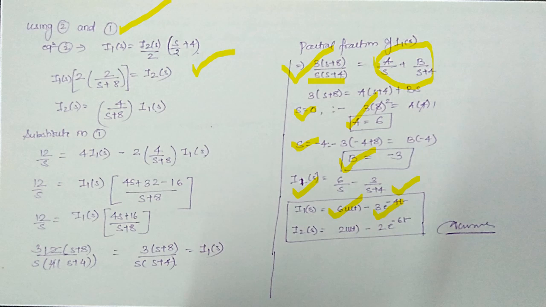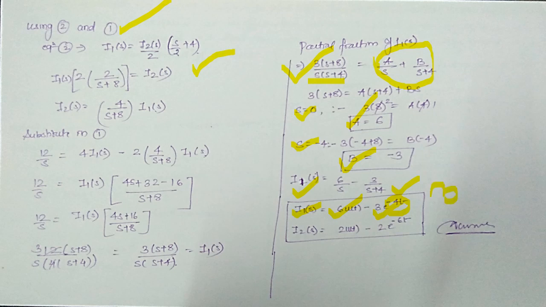Now please remember, I have told you that the initial condition is 0. That means at t equal to 0 plus, the I1 value will be 3. If you substitute t equal to 0 here, this term will vanish to 1 because e to the power 0 is equal to 1. So 6 minus 3 is 3.